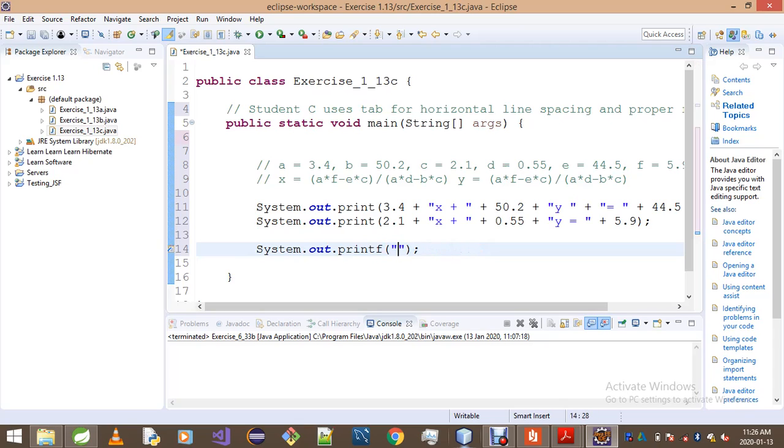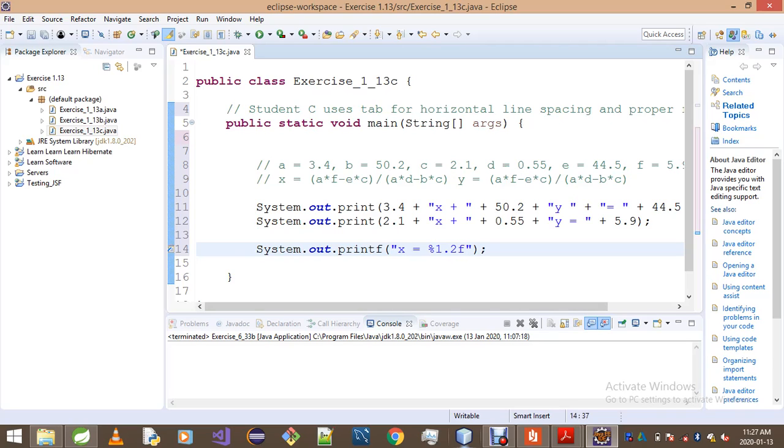We've got x being equal to, we put a percentage sign, and then we go 1.2, which simply says we need, before the decimal point, one space and then 2 digits after the decimal point, and then we put an F in order to specify our format.